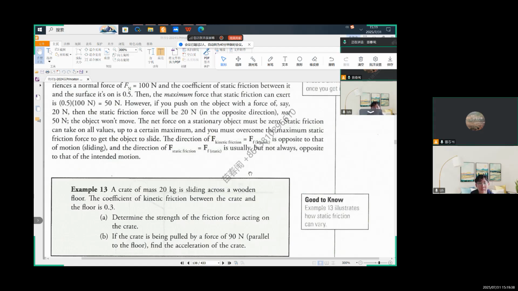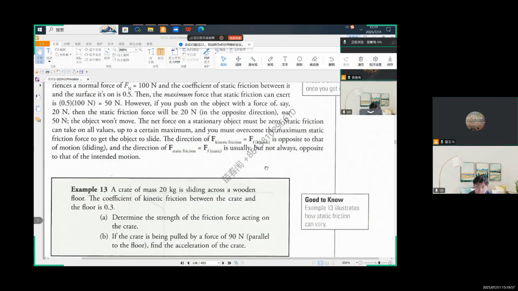Now let's talk about B. If the crate is being pulled by a 90 Newton force parallel to the floor, find the acceleration. I don't know.